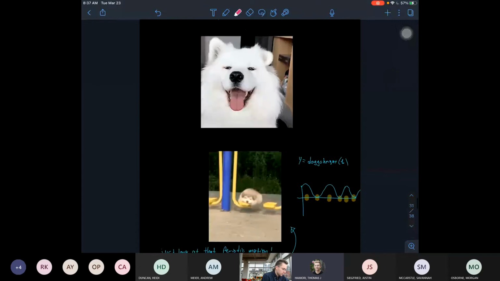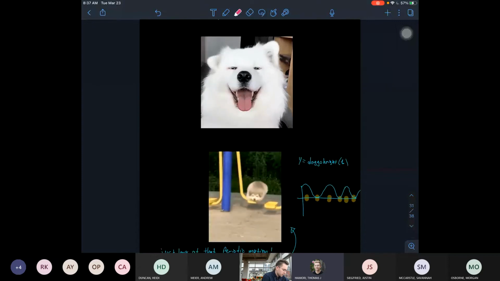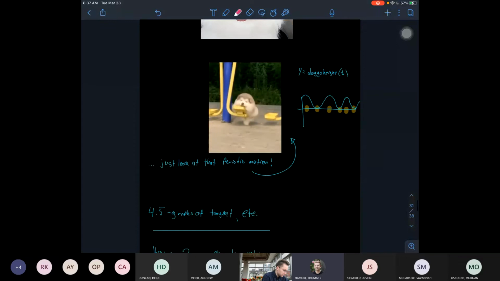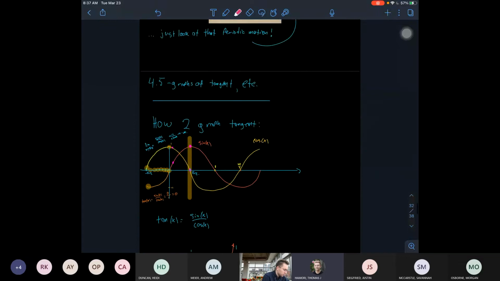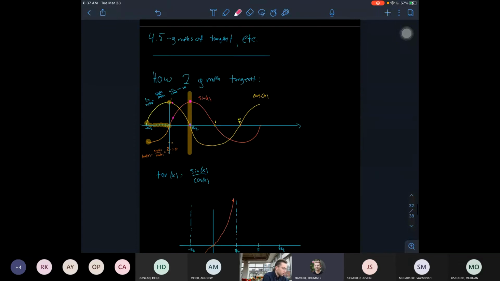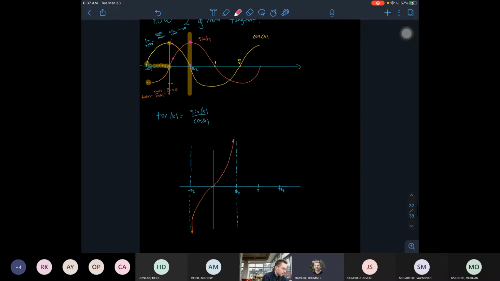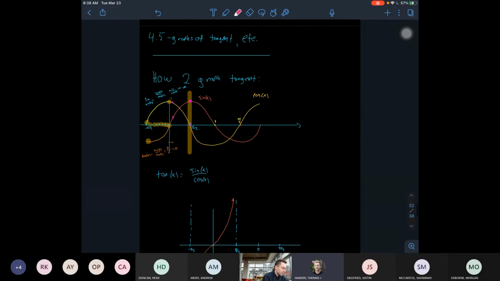Okay, and then we had a GIF break, and then we were going to go talk about something else, which is the graphs of all of our other trigonometric functions. Okay, so this is the last thing that we talked about yesterday: how do I graph something like tangent of x?